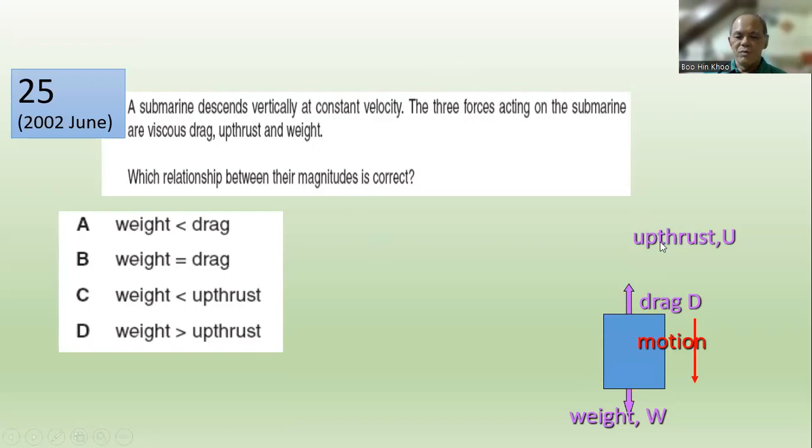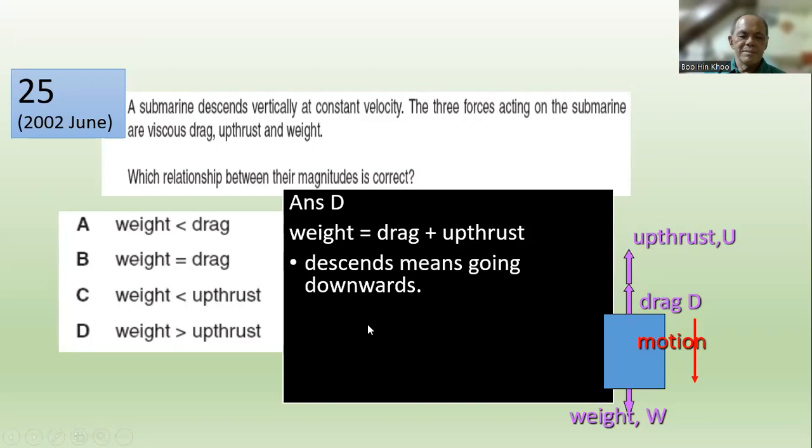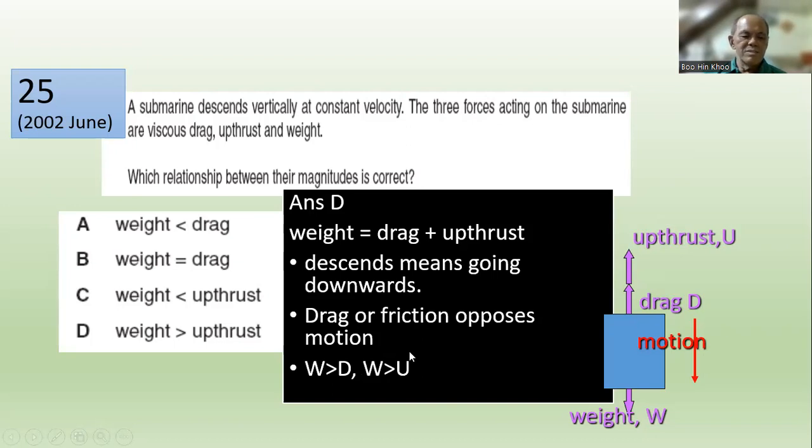Drag will always oppose motion, upthrust will always be upwards, and weight is going downwards. Since it's in equilibrium, weight equals drag plus upthrust. So weight is the largest. W is greater than D, W is greater than U. That's why the answer is D.